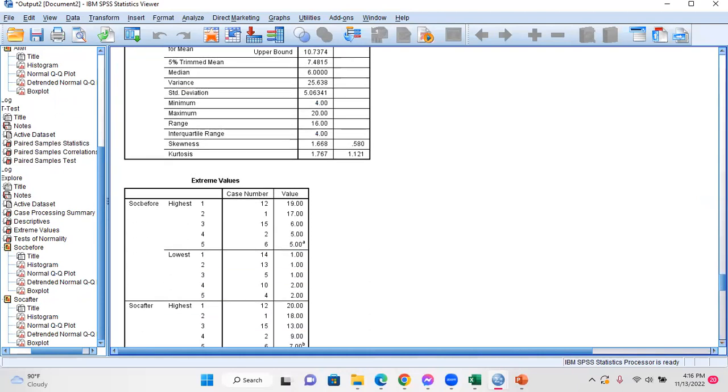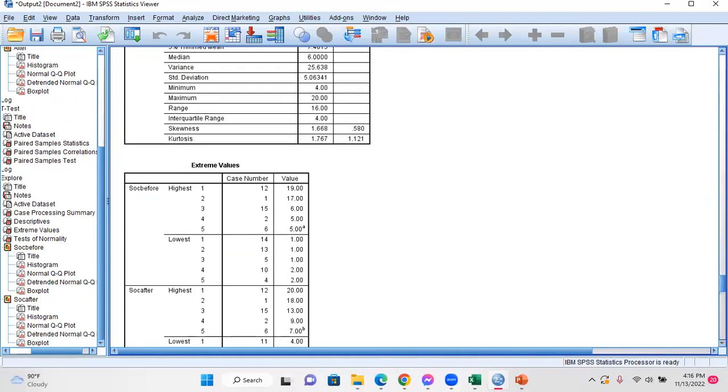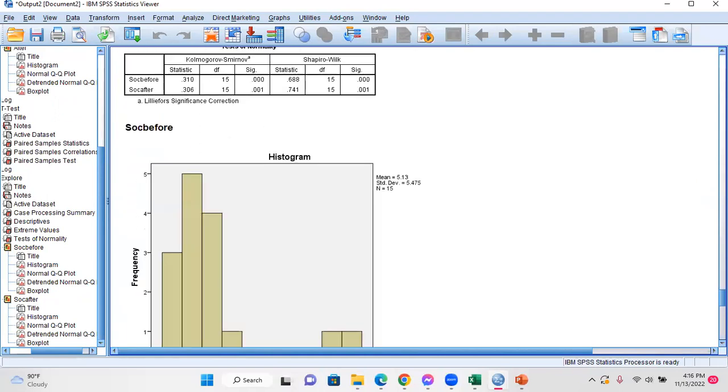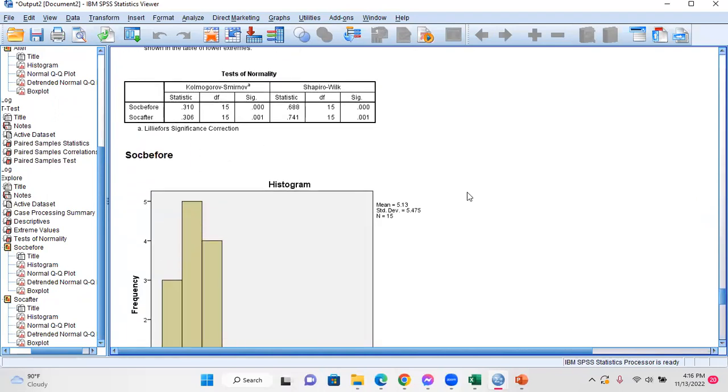Tingnan natin. Ayan. So, bagsak. It's less than 0.05. So, the data is not normal. So, we are now going to use the non-parametric counterpart.